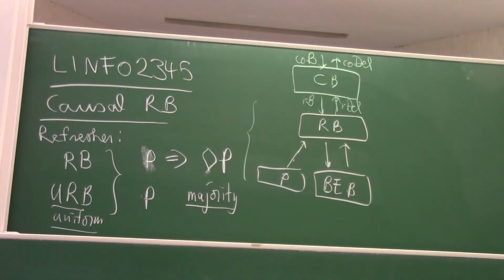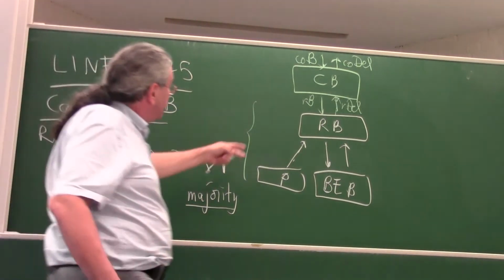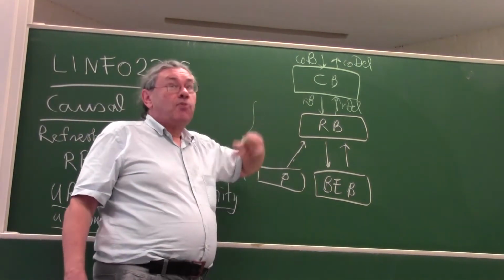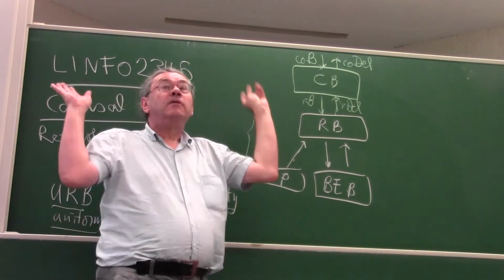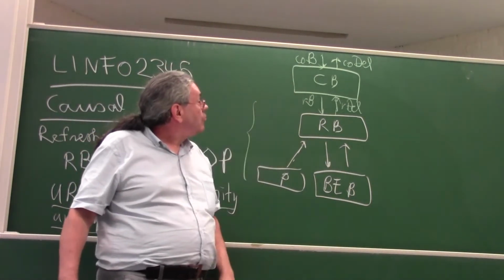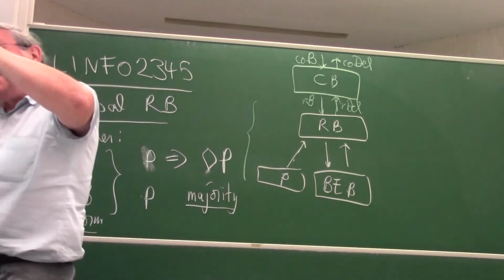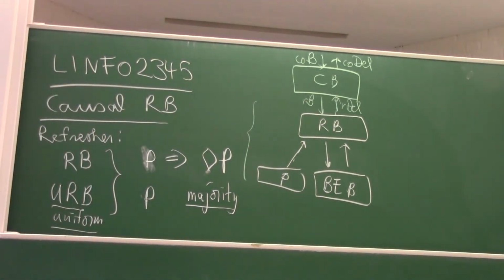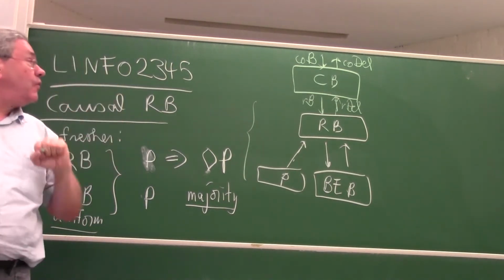So that's how we're going to do it. We're going to use last week's code, which I'm not going to write again. We're just going to use it. I'm only going to show you the code for the causal part. So we build this thing in layers. A very complicated algorithm, if you do it right, in layers, the layers are all simple.